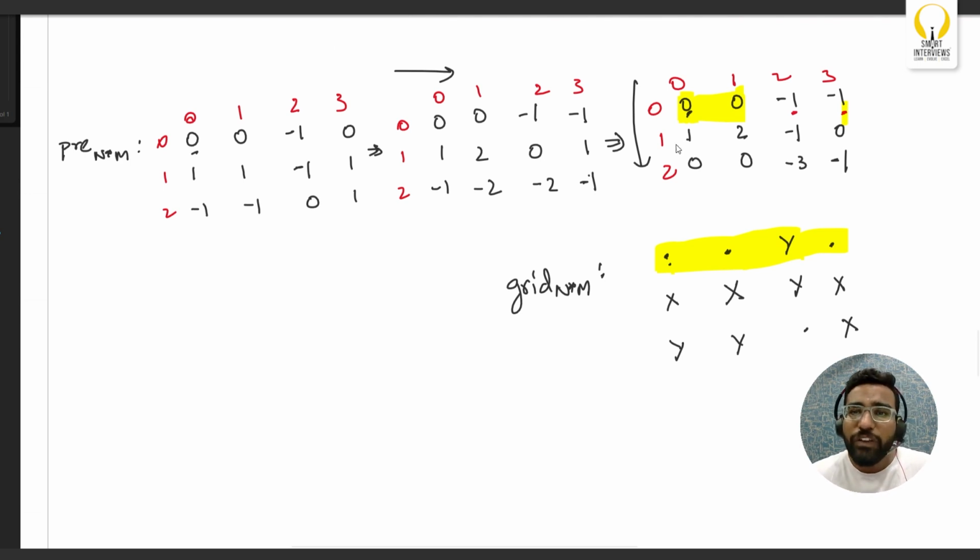Now again, if you observe here, you are having 1. That means in this matrix, you are having only one x. And if you observe this number 2, that means in this matrix you are having two x's.